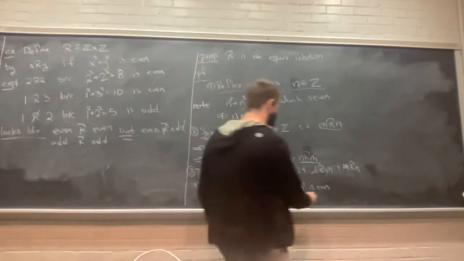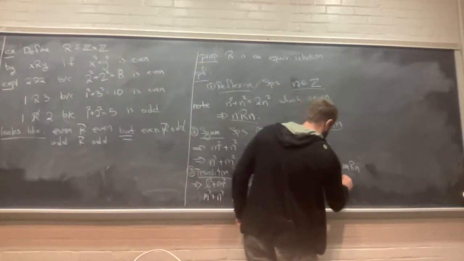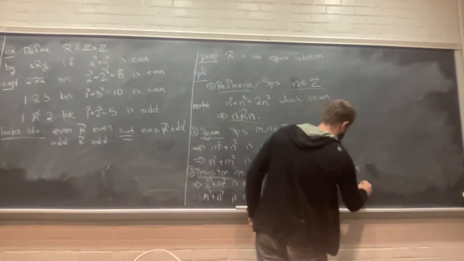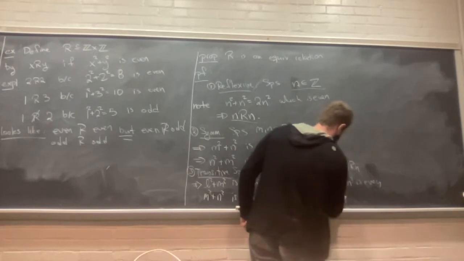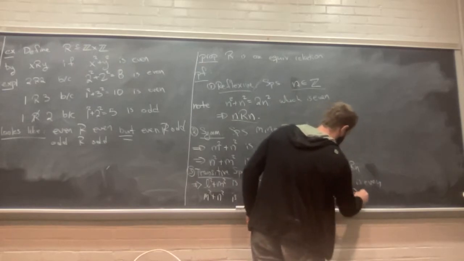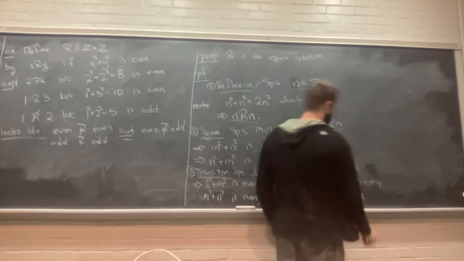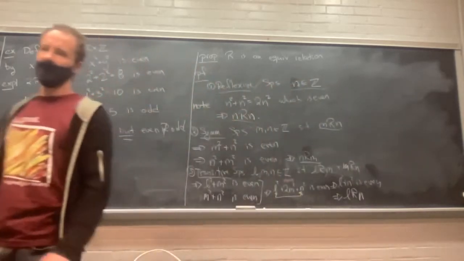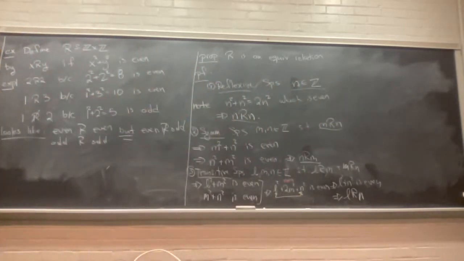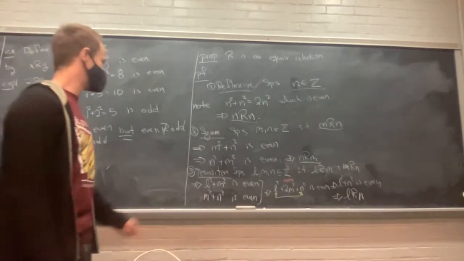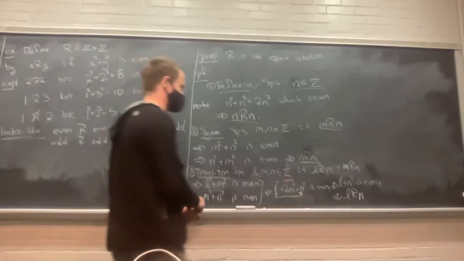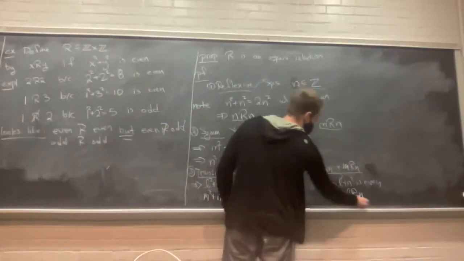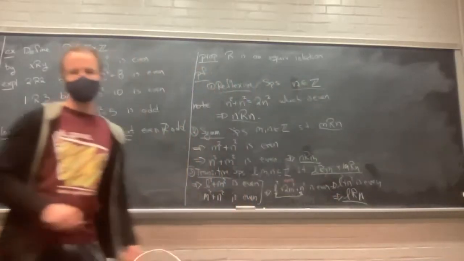So that ends us off with L squared plus N squared is even, which tells us that L is related to N. Okay, but that's transitivity, right? We started with this and this, and we ended with this.